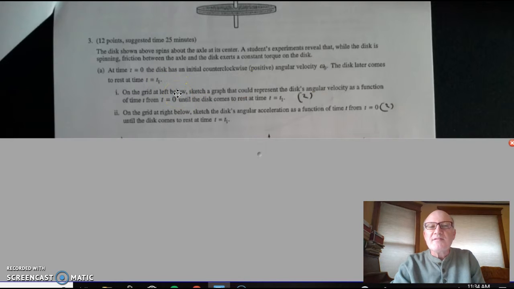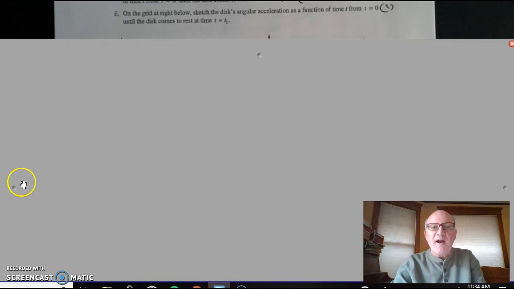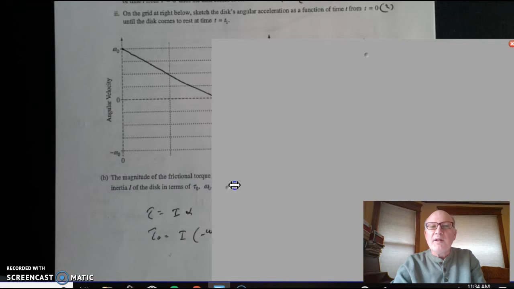And we're asked to sketch a graph that could represent the disk's angular velocity as a function of time, and then the disk's acceleration as a function of time. So let's go down and take a look at the angular velocity graph, okay, which looks like this.